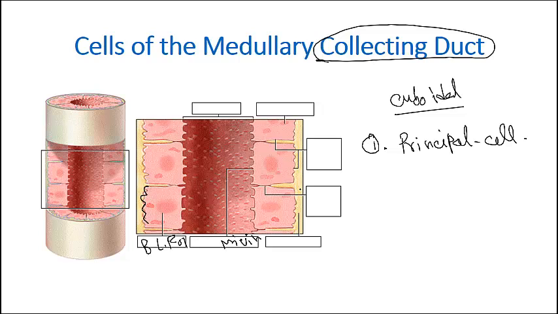These specialized cells respond to certain hormones that regulate the cell's permeability to water and solutes. The key feature of the principal cell is that their permeability to water and solute is completely physiologically regulated by hormones.